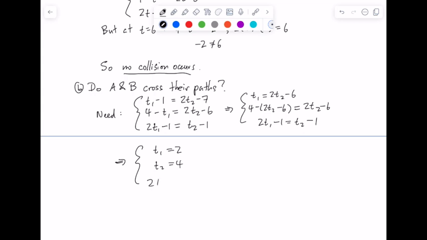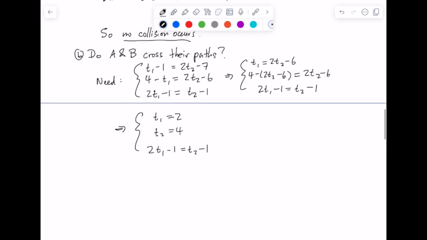And now we still have to check if the final equation is satisfied. So plugging into 2T1 minus 1 for T1 equals 2, we get 3. For T2 minus 1, if T2 were equal to 4, then 4 minus 1 is also equal to 3, so this is great.